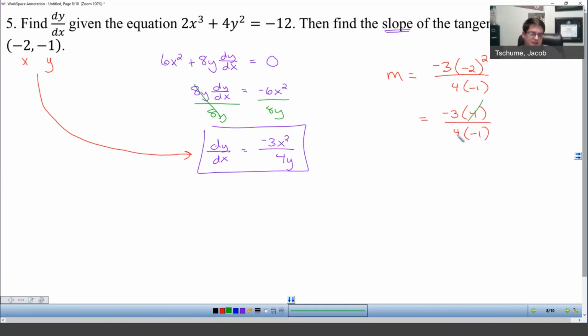Well, very nicely, the 4's cancel here, and -3 divided by -1 is +3. And that would be the slope of your tangent line at the point (-2, -1). It didn't ask for the entire line, so we're not going to find that here unless we have to. Most of the ones in this section just want you to practice finding the slope.